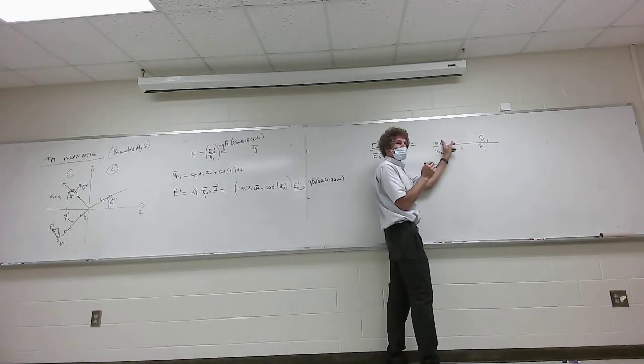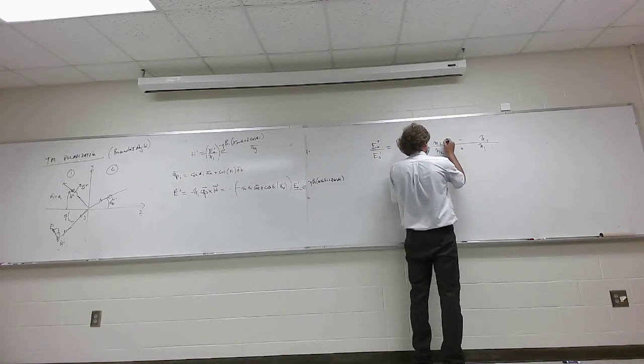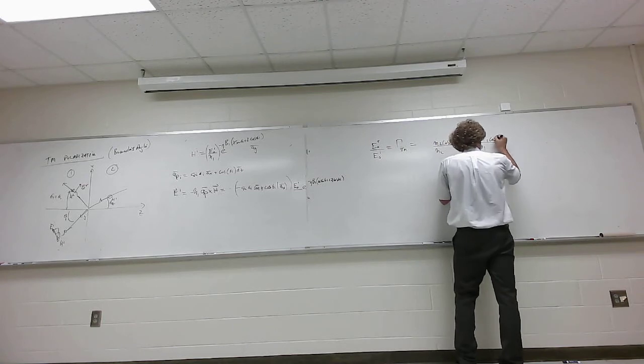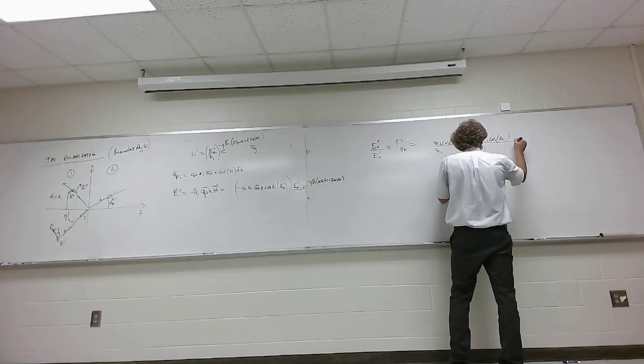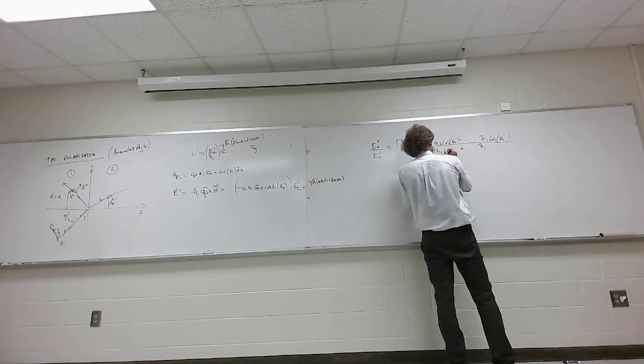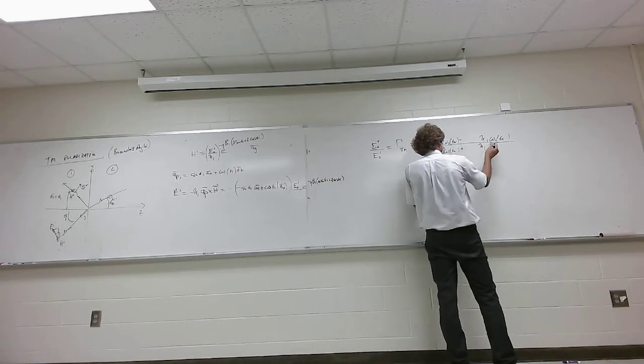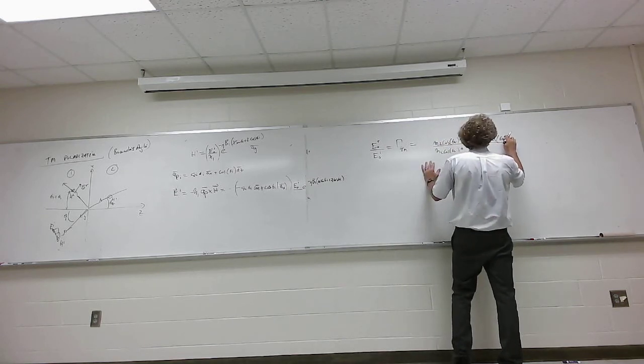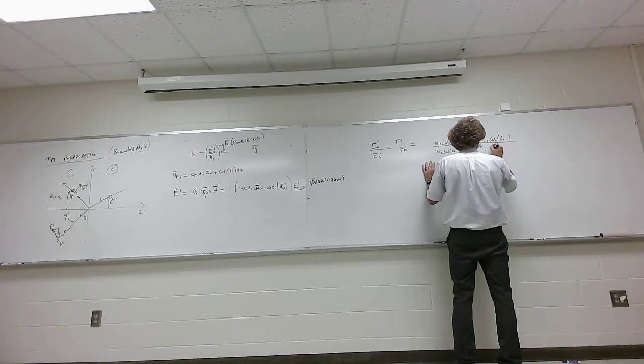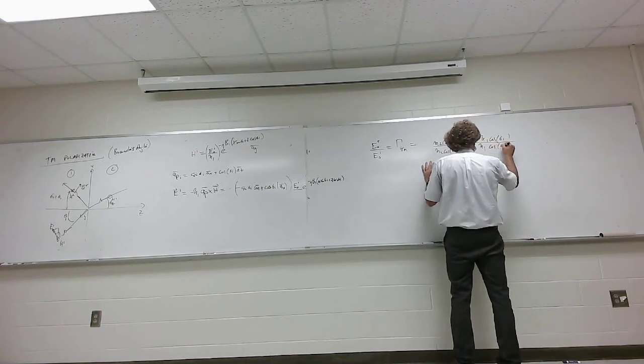Before, it used to be what? It was the cosine of the incident wave, right? Now it's cosine of transmit. Take a look in your book. And this becomes cosine of theta transmitted. This becomes cosine of theta transmitted. This is the incident part. This becomes cosine of theta incident.